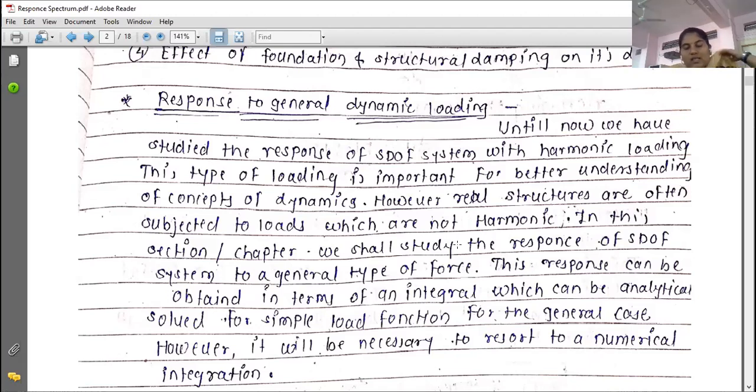In the last lecture we have seen the four different conditions, and also the effect of damping on the foundation. But when there is a general loading on the structure, like a triangular or rectangular loading, we have to understand the behavior of the structure under such cases.